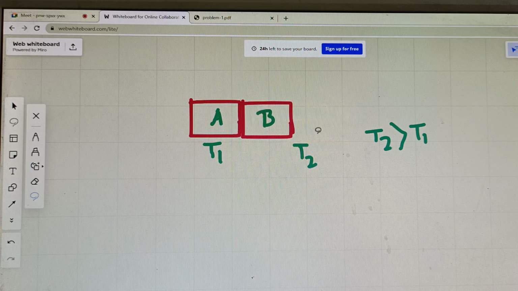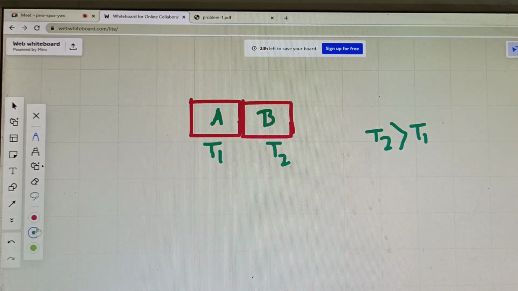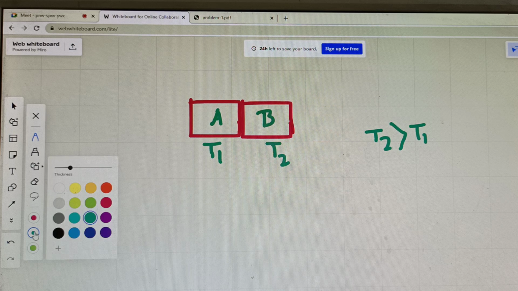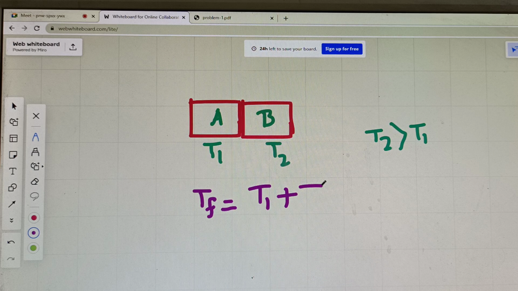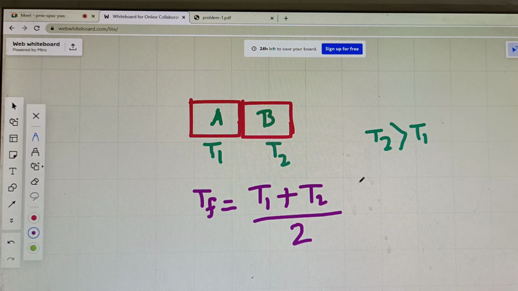So the final temperature for each block will be T final equal to T1 plus T2 by 2, because the whole system is in thermal equilibrium.